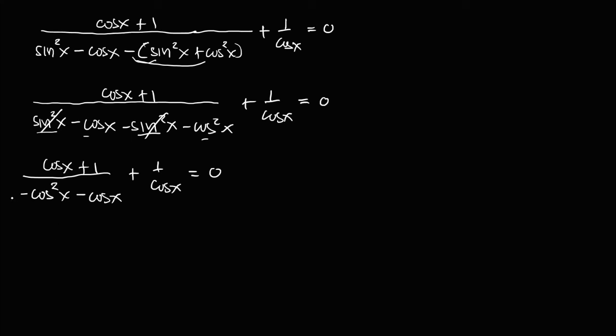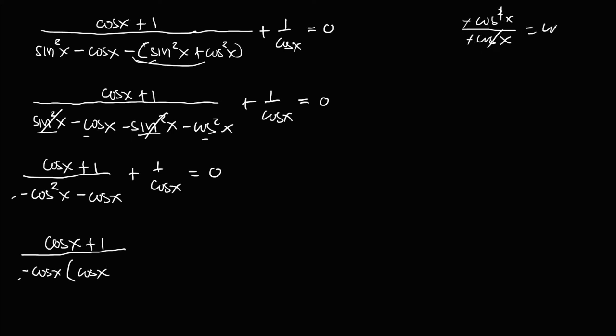Then for this denominator, we can factor out negative cosine x. So we have now cosine x plus 1 over. So if we're going to put this negative cosine x outside, so this negative cosine squared x becomes cosine x, because negative cosine squared x divided by this negative cosine x, so cancel negative, cancel 1, so that's cosine x.